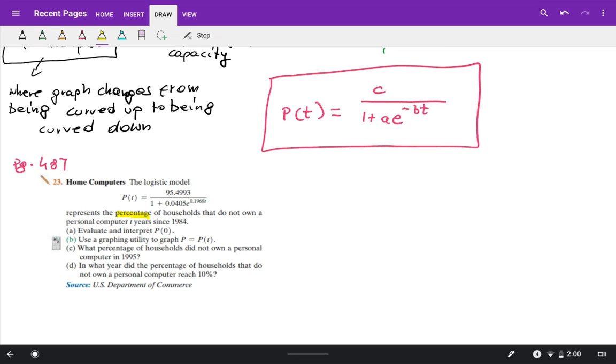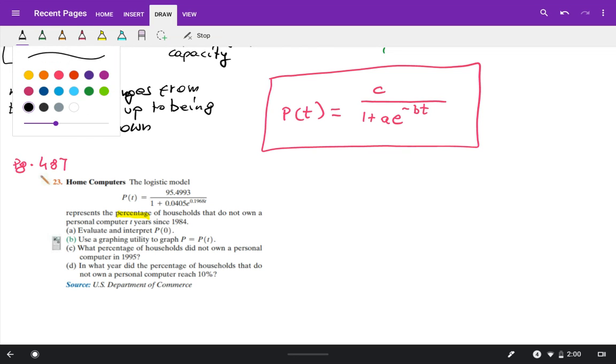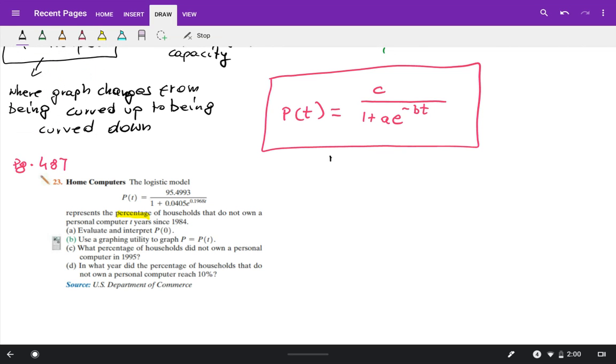Before we answer all those questions, I want to ask two. So question number one: what is the carrying capacity based on this example, of course?